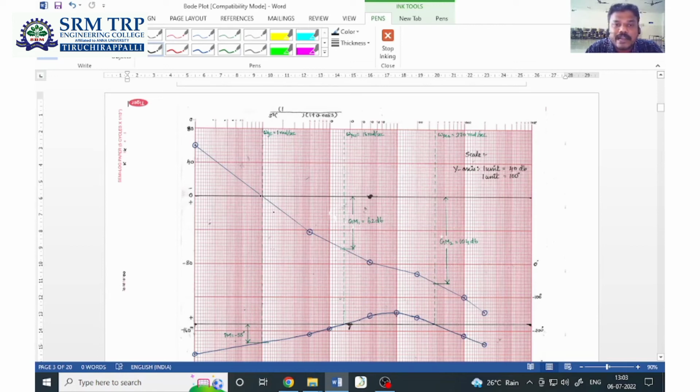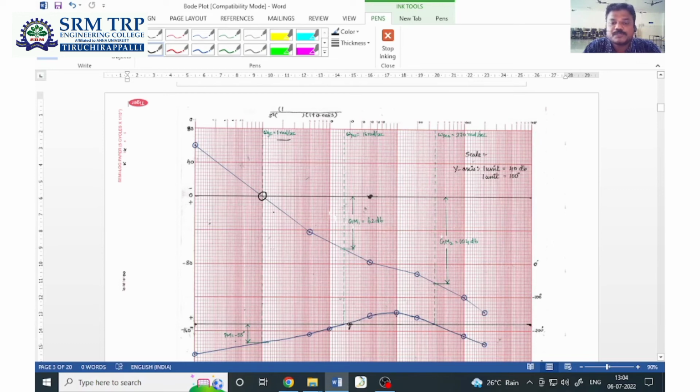So my magnitude plot cuts the 0 dB line at this particular point, and the corresponding frequency that I have measured is 1 radian per second. So this is the gain crossover frequency. Gain crossover frequency is nothing but the frequency at which the magnitude plot crosses the 0 dB line.